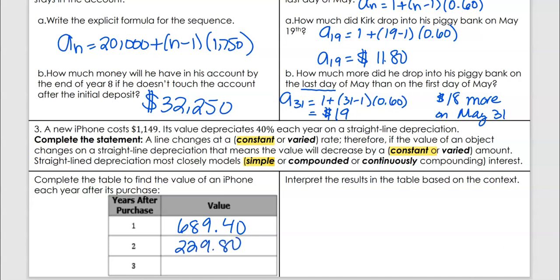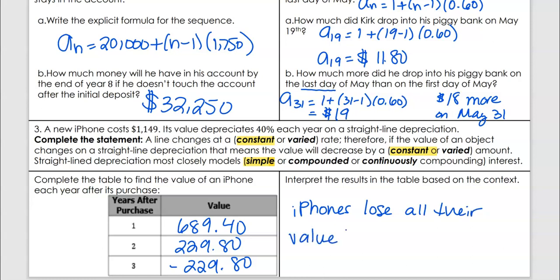And how about year 3? Negative 229.80. So what does that mean? Yeah, what does that mean to go negative? It means iPhones lose all their value before it's 3 years old.